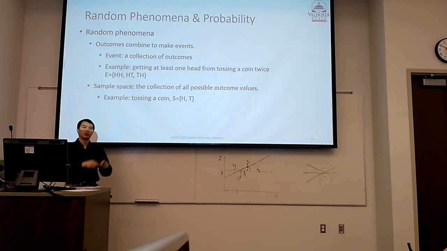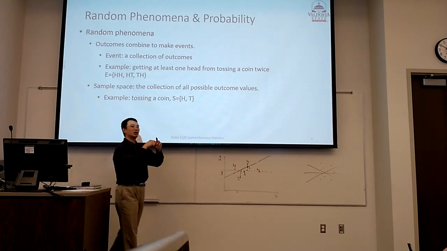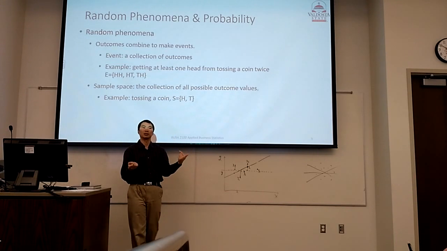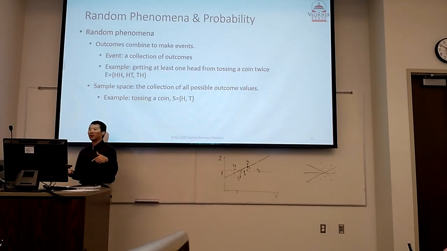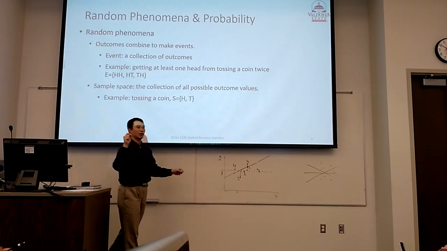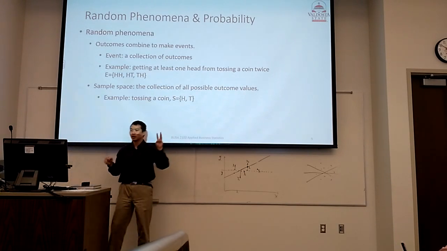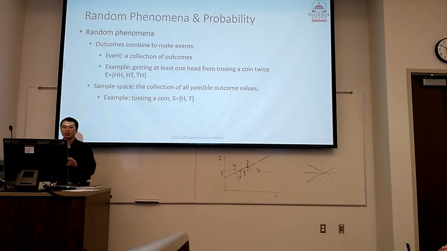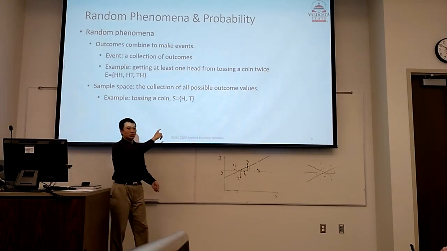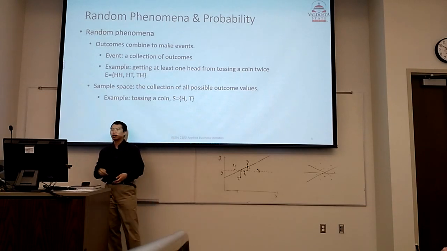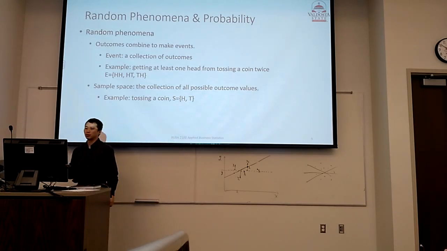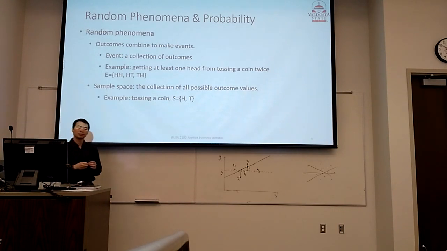The second option, the first time I get a head, the second time I get a tail. Okay? It's also at least one head. Or the third one. The first time I get a tail, the second time I get a head. Okay? So three possible outcomes. So that defines that event. So that event is getting at least one head from tossing the coin twice.